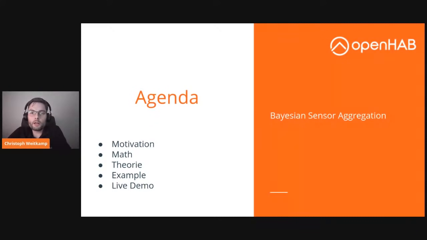In the theory part, I will tell you how I mapped it to openHAB terminology and show you a rule for how you can calculate probabilities. After that, I will construct a small example, a Bayesian sleep sensor. And then you will see a short live demo.